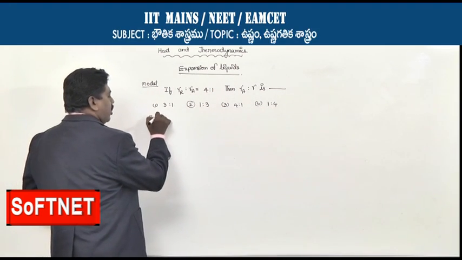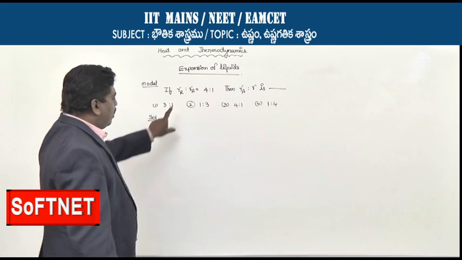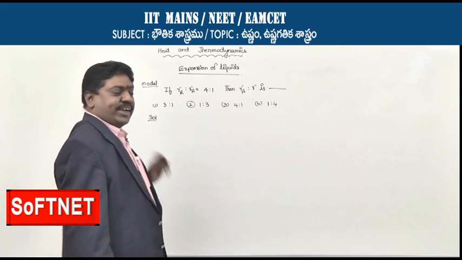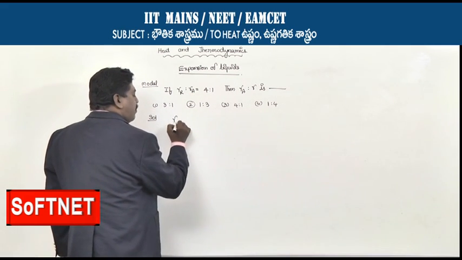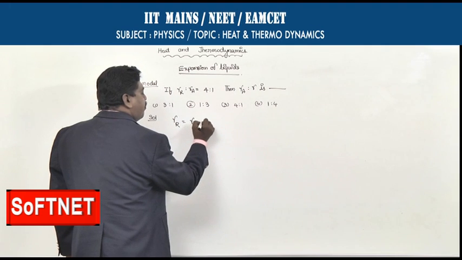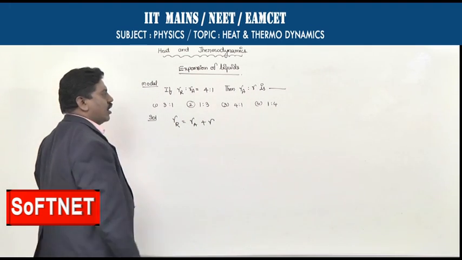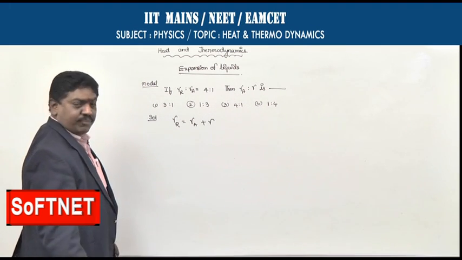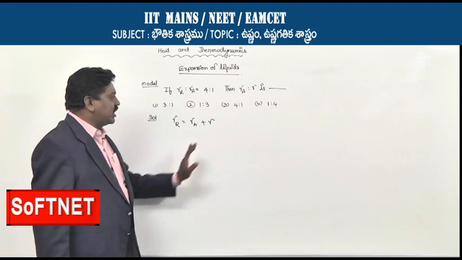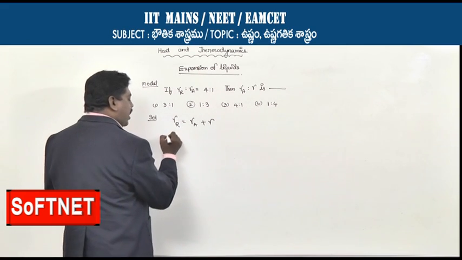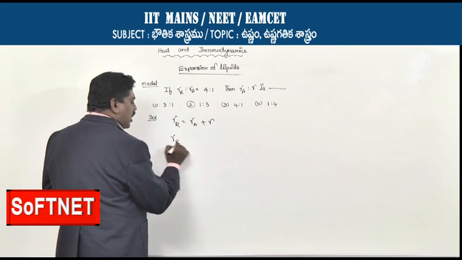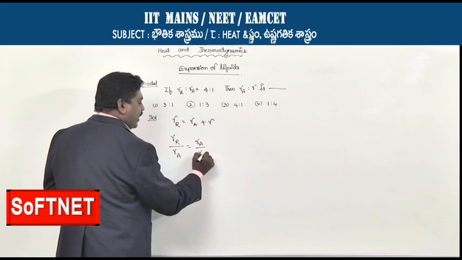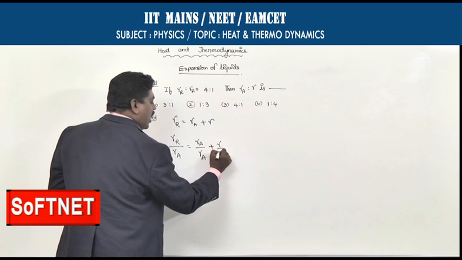We know the relation between coefficient of real expansion and coefficient of apparent expansion as gamma R equals gamma A plus gamma, because we need the ratio between gamma A to gamma. We divide all the terms throughout by gamma A. What we get is gamma R by gamma A equals gamma A by gamma plus gamma by gamma A.